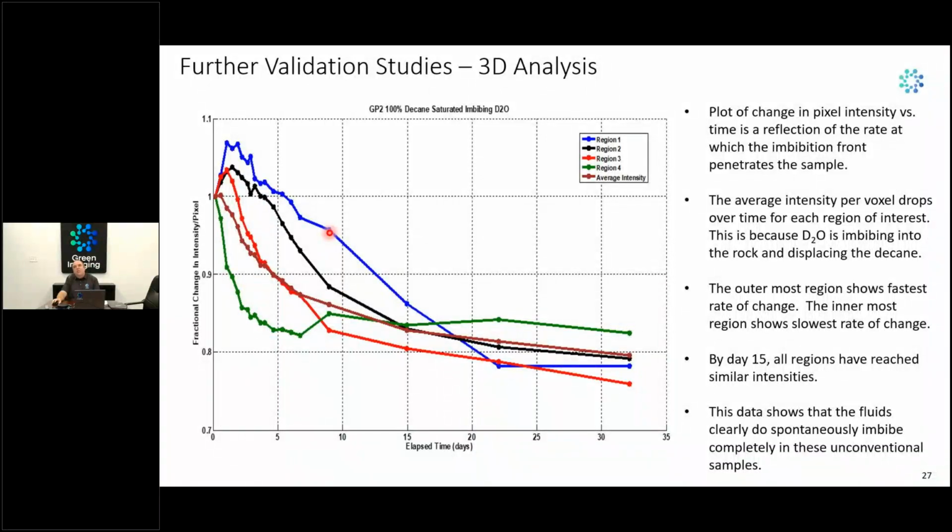So what we learned is, if you're going to do these wettability measurements on these unconventional samples, you really need to wait roughly 3 weeks for the change in saturation to stabilize, and only then are the T2 distributions really reflecting what's going on in the whole rock. Anything before that, oscillations or disagreements between the model and the D2O data, is probably due to the fact that your imbibition hasn't fully saturated the rock yet.